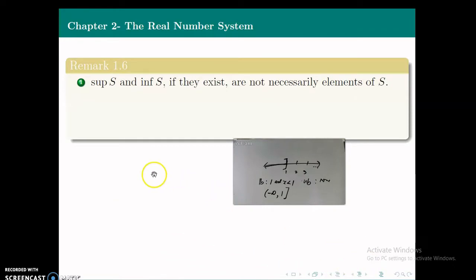Okay, for this remark, the supremum of S and the infimum of S, if they exist, are not necessarily elements of S. Next, the infimum of S is less than or equal to the supremum of S if both exist. Why?